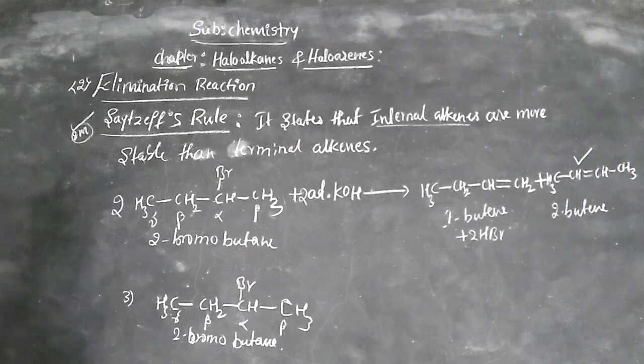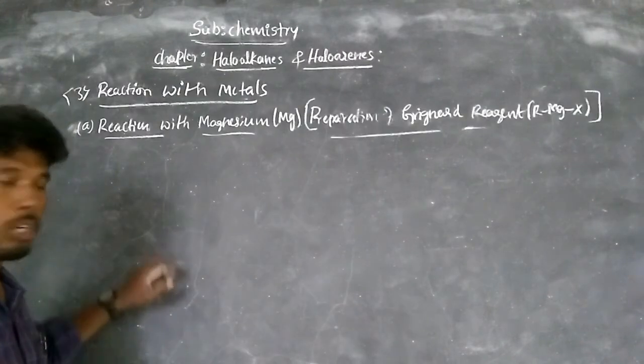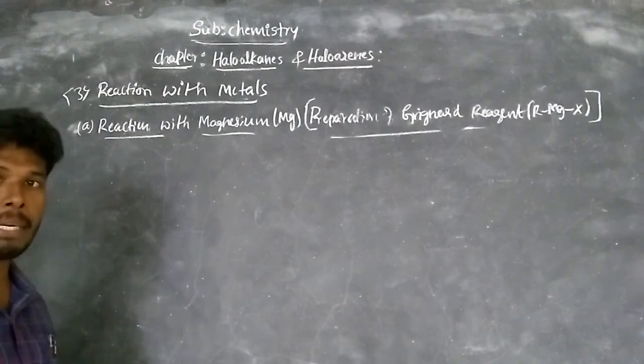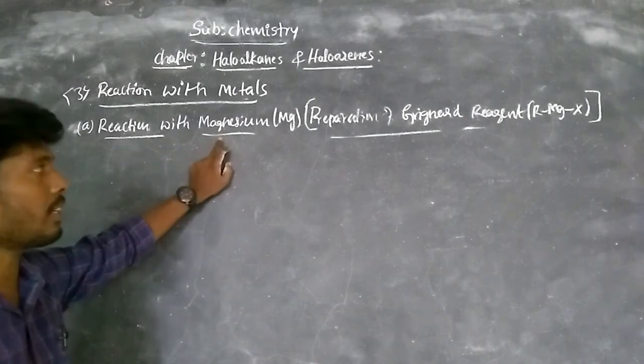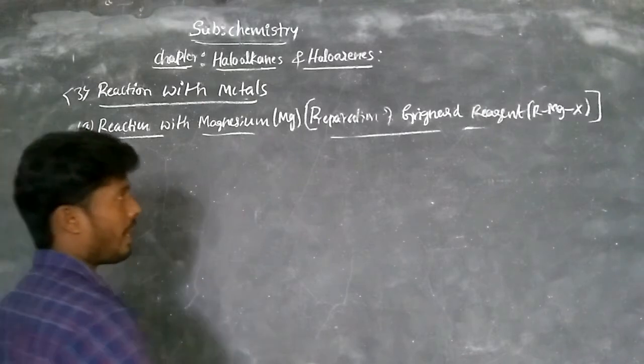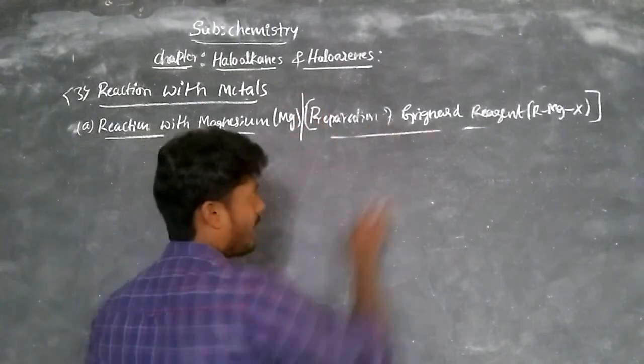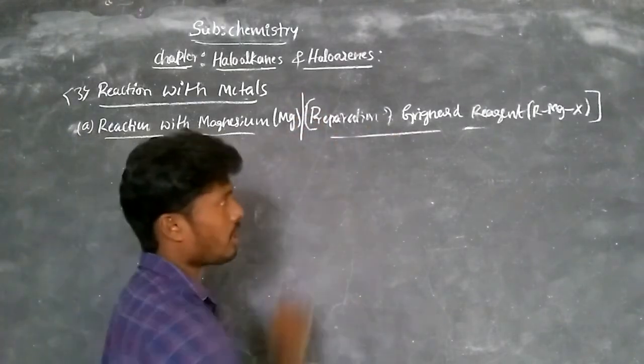The next chemical reaction, the third chemical property, is reaction with metals. Here the first one is reaction with magnesium metal, Mg. We also call it the preparation of Grignard reagent. Grignard is a scientist.